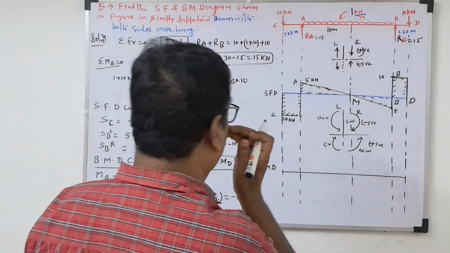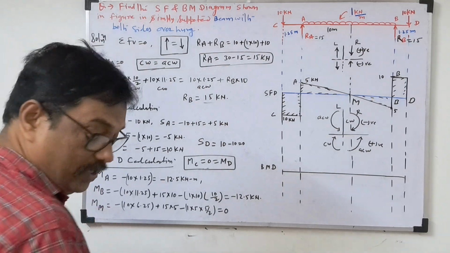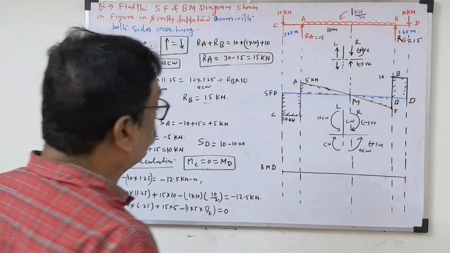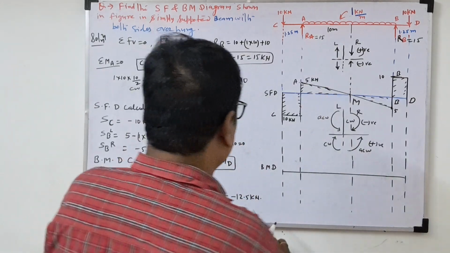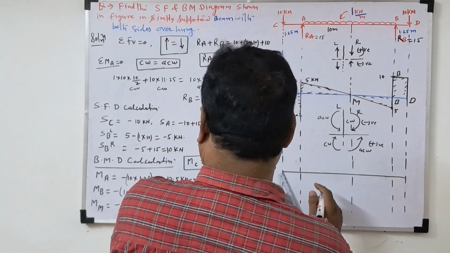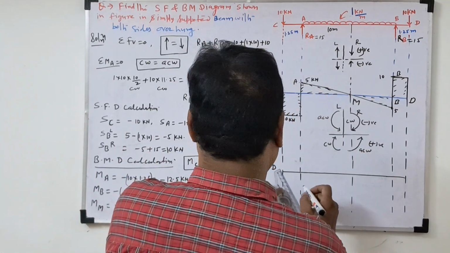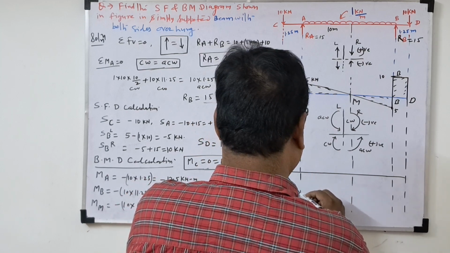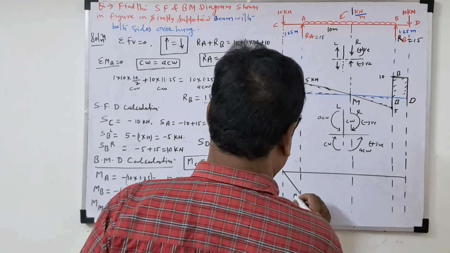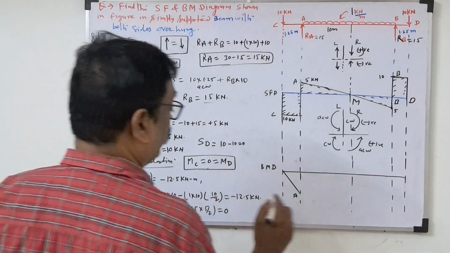Now we will draw the diagram. So first calculation is minus 12.5. Here is a point load, so you have to draw the inclined line up to MA, 12.5. So we will draw the inclined line here at point A. So this value is minus 12.5.